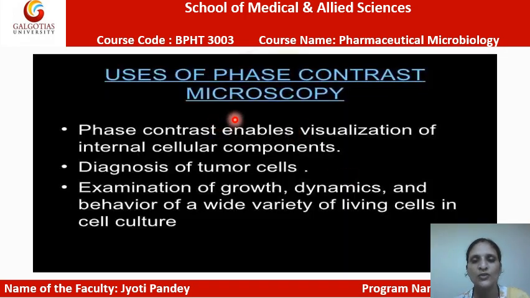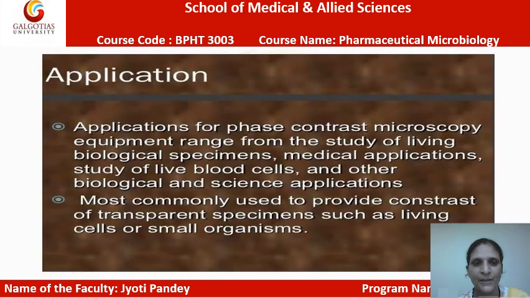What are the uses of phase contrast microscopy? This is useful in the visualization of internal cellular components. It is also useful for the diagnosis of tumor cells, and for the examination of growth, dynamics, and behavior of a wide variety of living cells in cell culture.